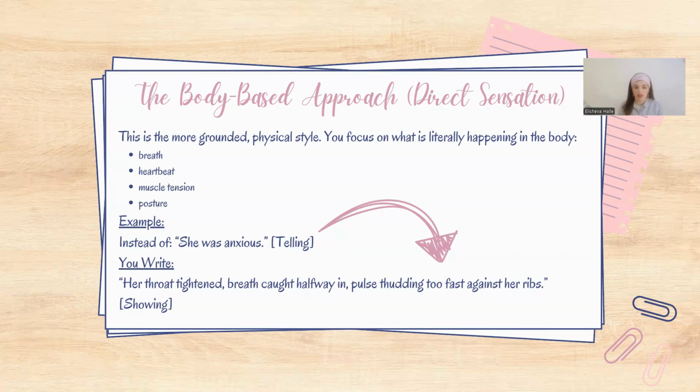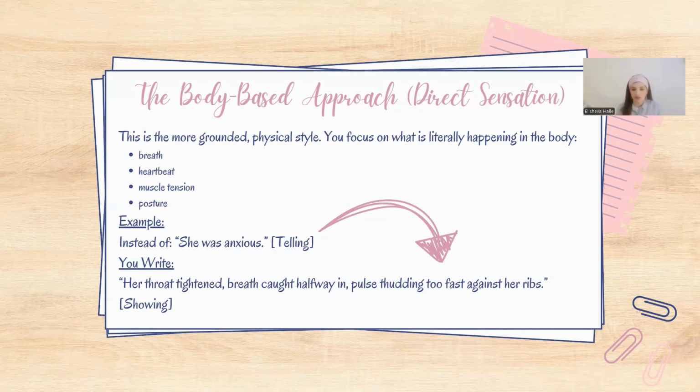Notice how we're staying in the body. Her throat is tightening. She's catching her breath. Her pulse is thudding. But we're still showing it. We're not mentioning the emotion, and we're just showing what's happening inside of her body. And also, just to be clear, it's also somatic writing if you start from outside the body.